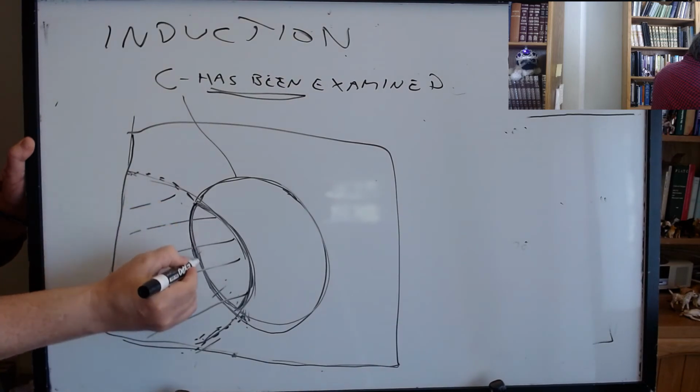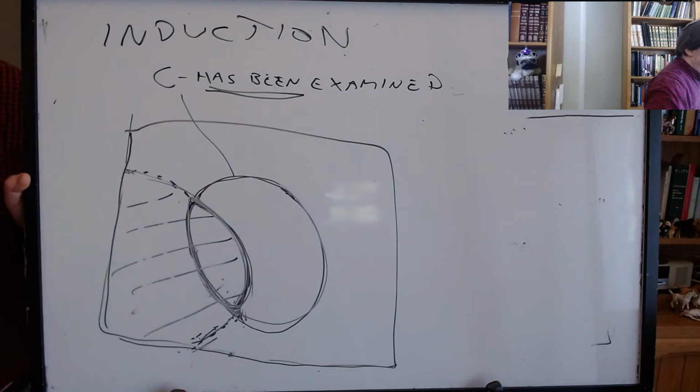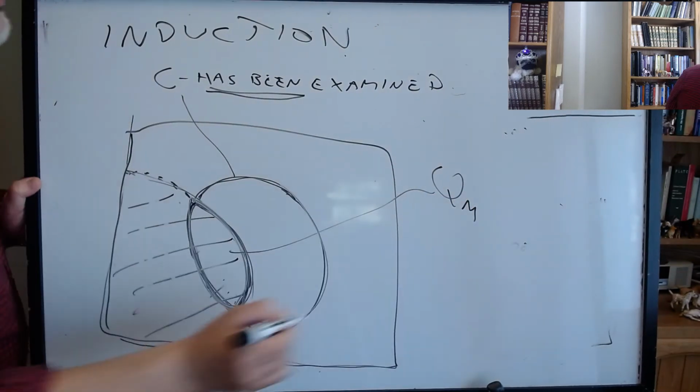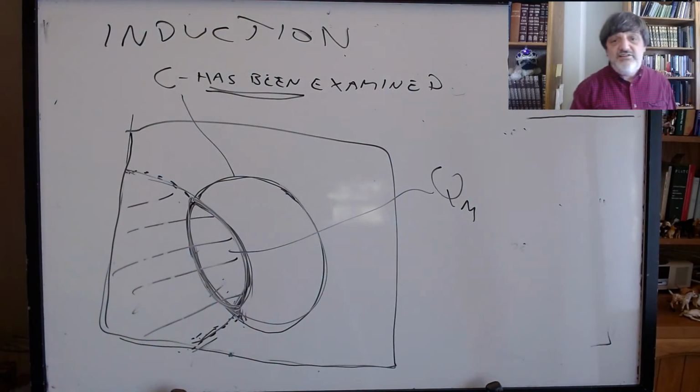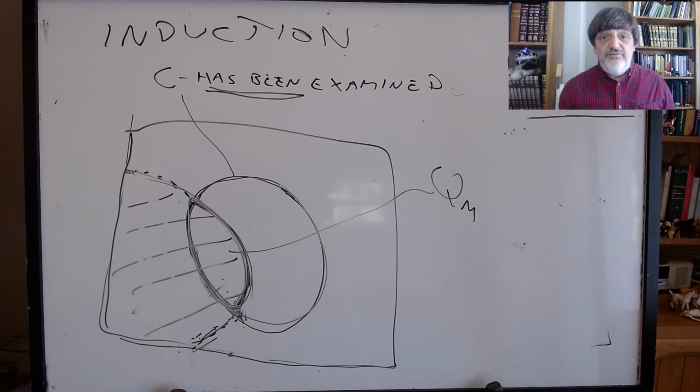And so this is the acceptable predicate, right? This is what before I called QM, where M was for manifest. Examined and found flexible is a manifest predicate.